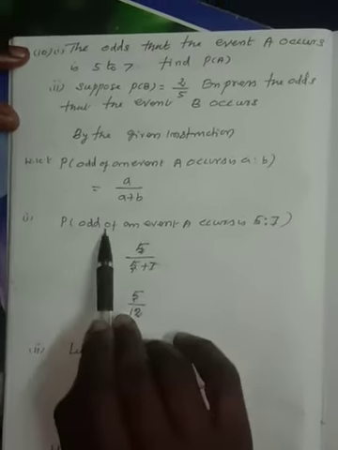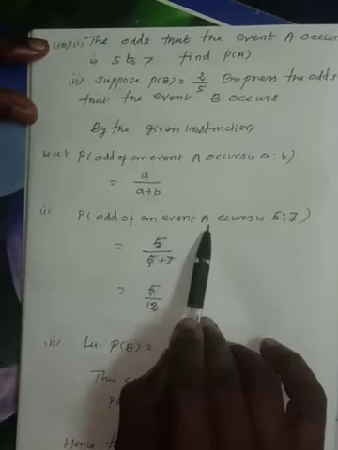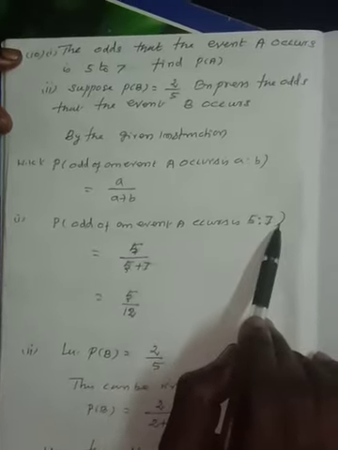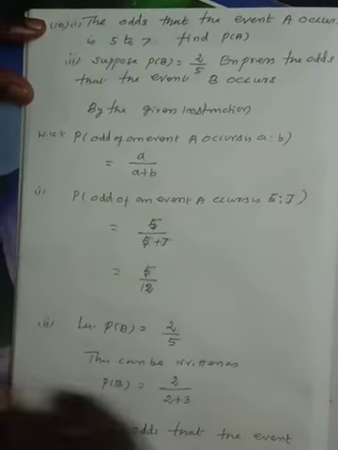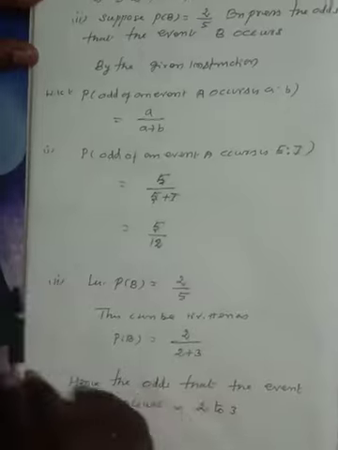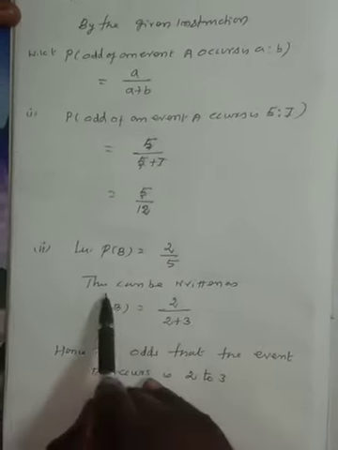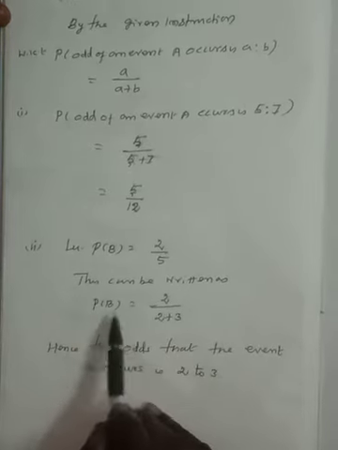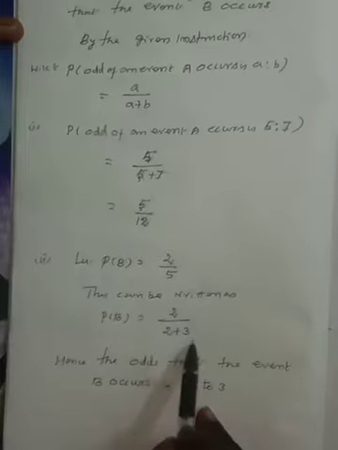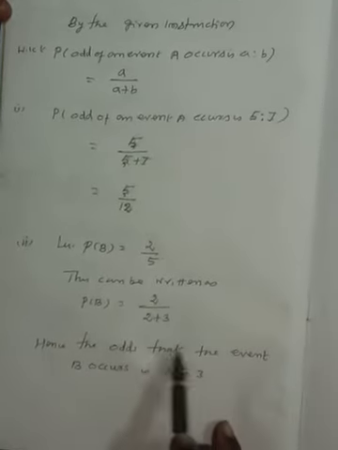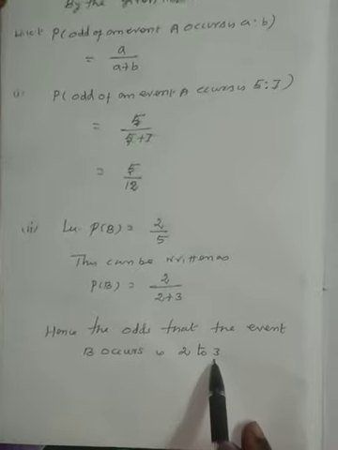This is the formula. Odds of event A occurs 5 is to 7 means 5 divided by 5 plus 7, 5 divided by 12. Number 2, that P of B is equal to 2 by 5 is given. This can be written as P of B is equal to 2 divided by 2 plus 3 is 5, denominator. Hence, the odds that the event B occurs is 2 to 3.